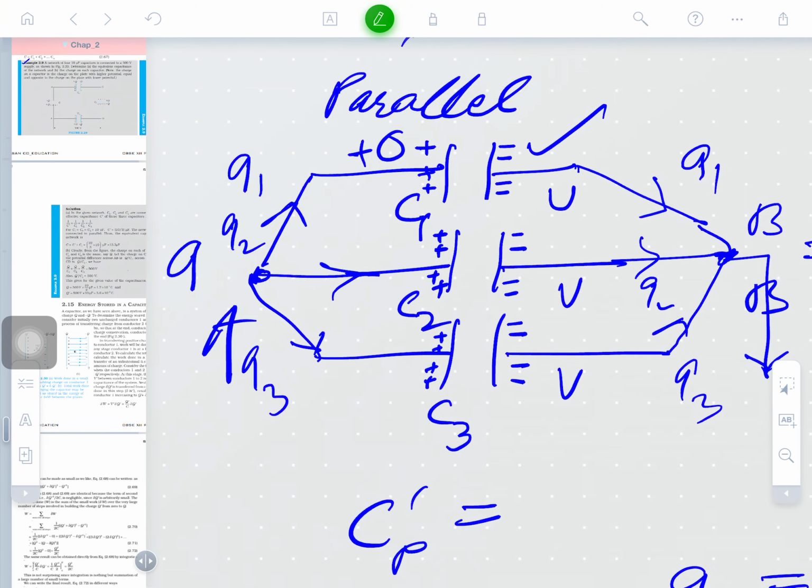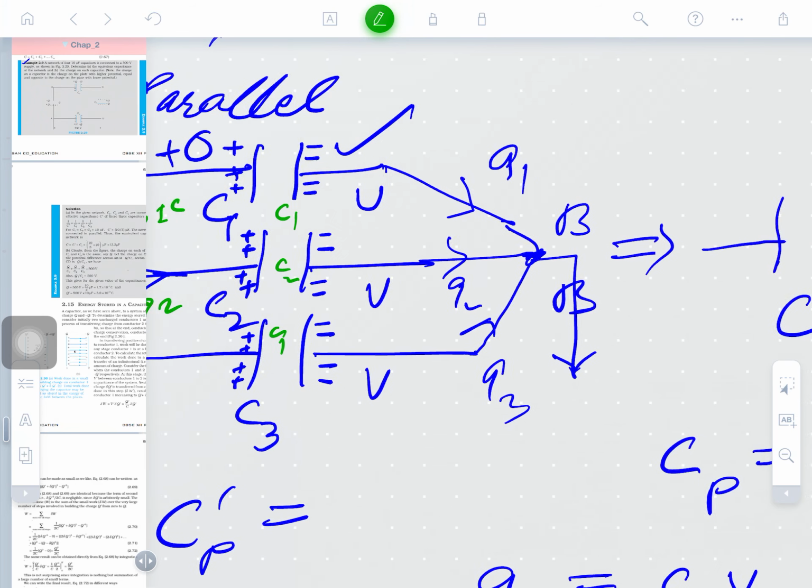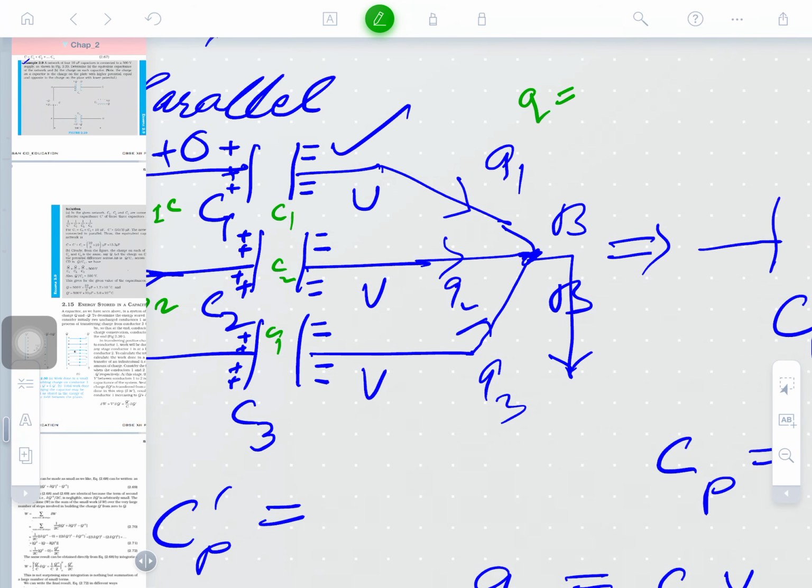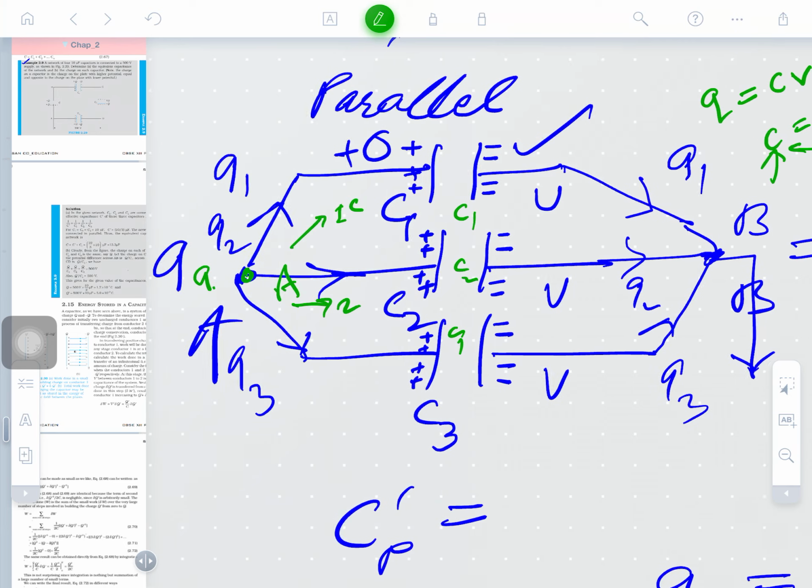Here, according to the capacitances C1, C2 and C3, the charge is Q, so they will demand charge from the common terminal, the common potential. It may demand 1 coulomb here but 2 there, because Q is equal to CV, or C is equal to Q by V. The demanded charge depends on the capacitance if the potential is the same.